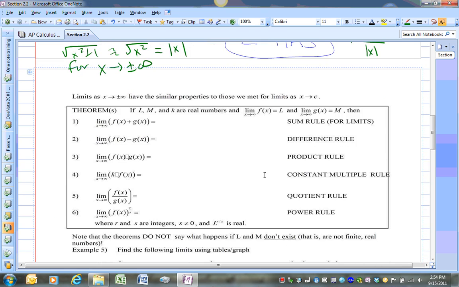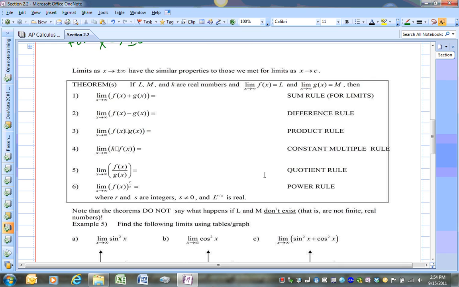Moving right along. If you look at the theorems, same as before, they're really no different. So as x approaches plus or minus infinity, it's still going to be L plus M. So the limit of f of x plus the limit of g of x. Same thing, L minus M. That's times, by the way, sorry.